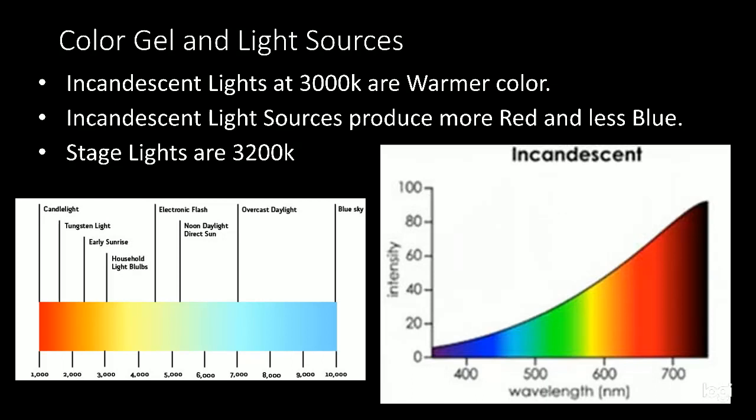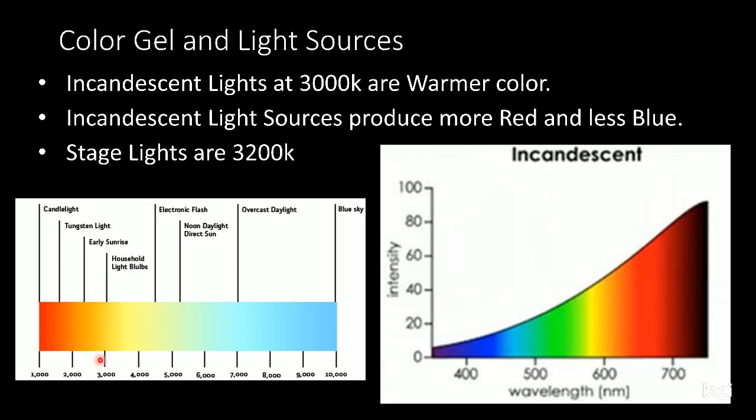Now, if we move into an incandescent light or even a tungsten light, you can see that our spectral analysis has changed. An incandescent light is much better at producing red light energy and not nearly as good at blue light energy.